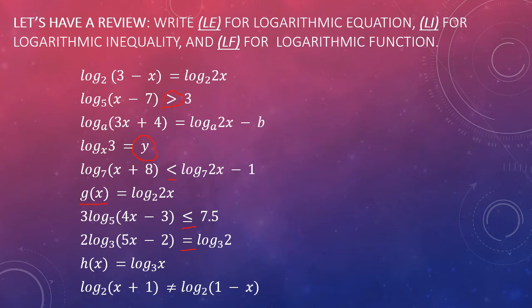For number 9, we can see that there is a function notation there, h of x, therefore it is a logarithmic function. And for number 10, again we see the inequality symbol, therefore it is a logarithmic inequality.